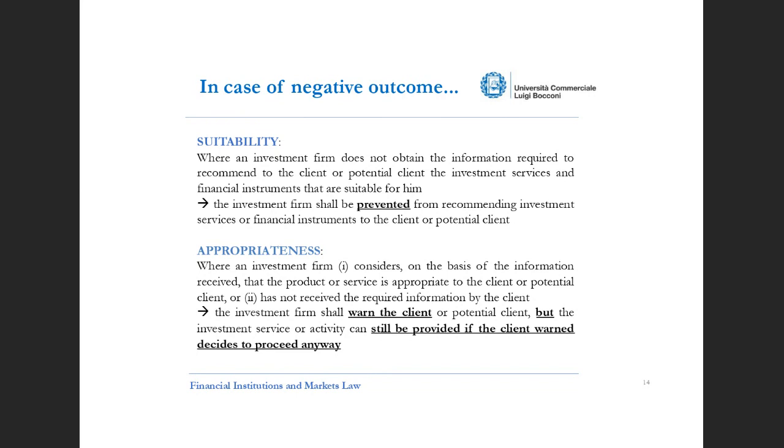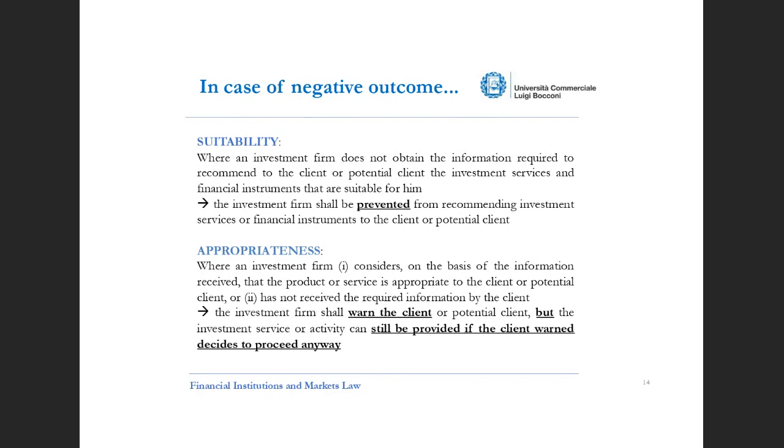If the outcome of the test is negative, the transaction cannot really be carried out. And there is nothing that the investment firm in principle can do in order to overcome this obstacle, which is absolute. Instead, if the negative outcome concerns the appropriateness test, what the client gets is a warning.